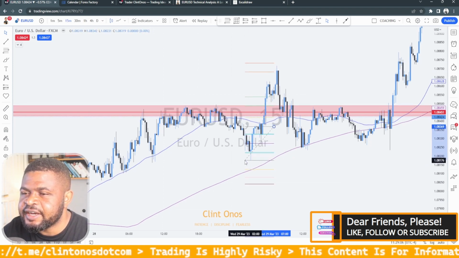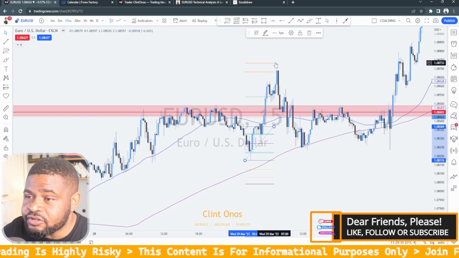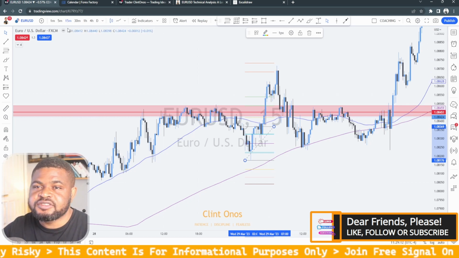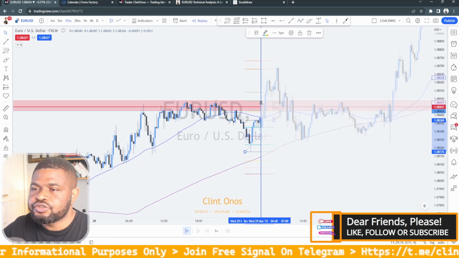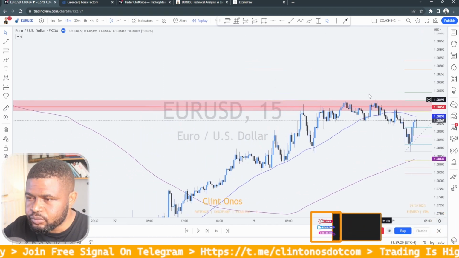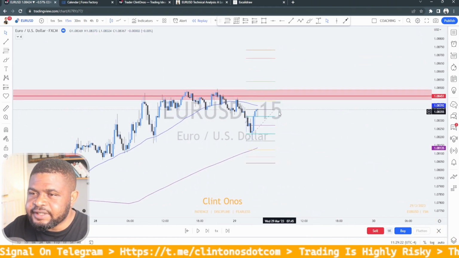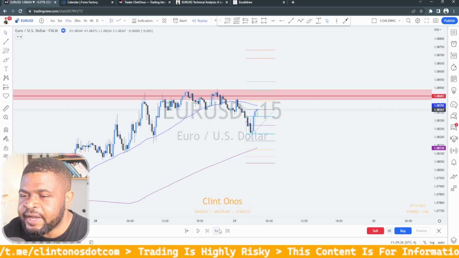Immediately I identified the break. Price hasn't even gotten up to this point. I think I should use a replay button. So I was watching price when the break happened.